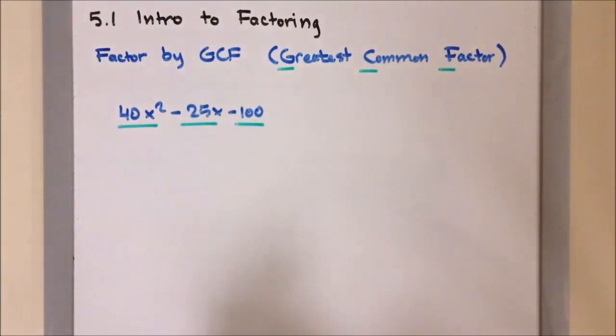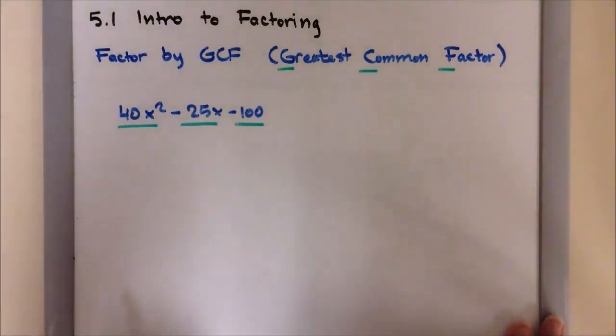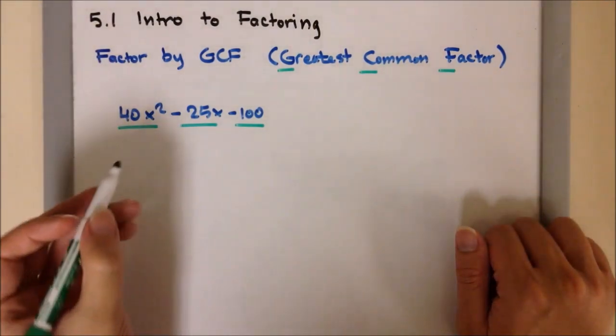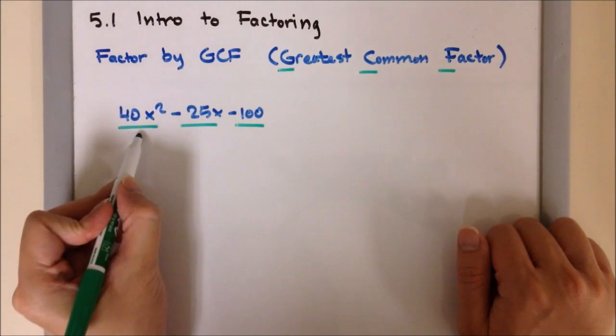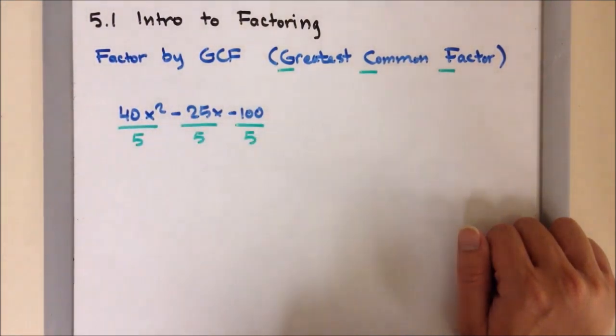So in the first term we have 40x squared, the second negative 25x, and the third negative 100. If you analyze what is in common, all three of them are divisible by 5. So if we're factoring, that means I'm going to be dividing by 5.